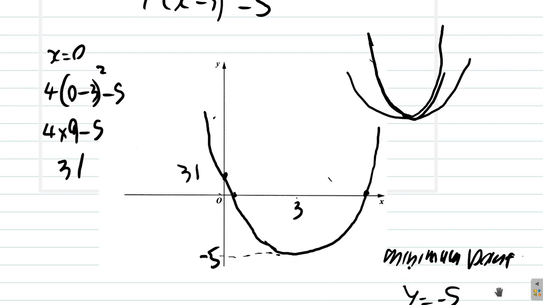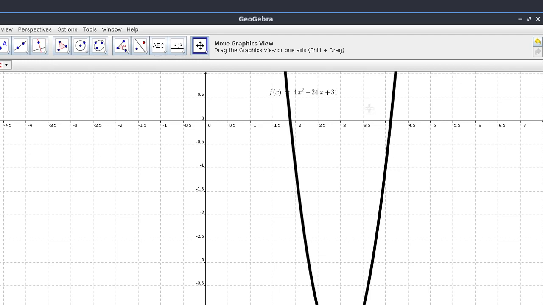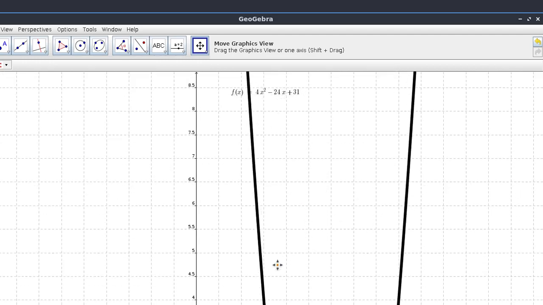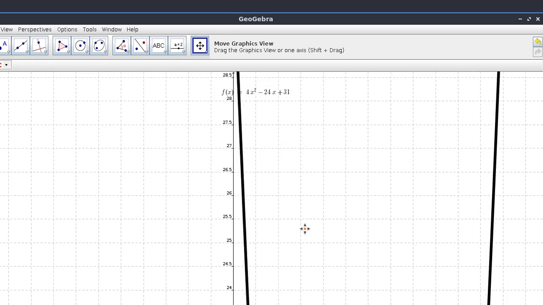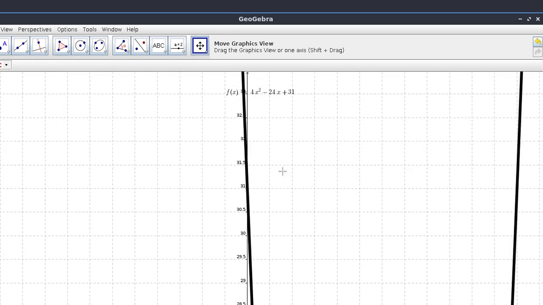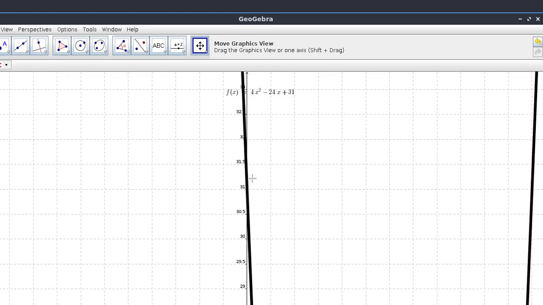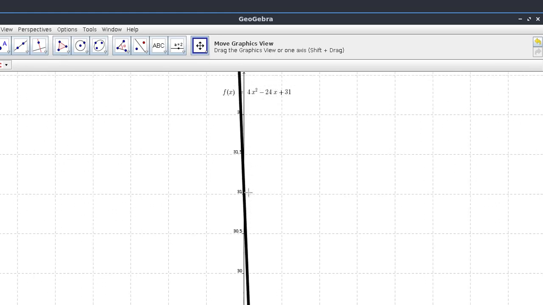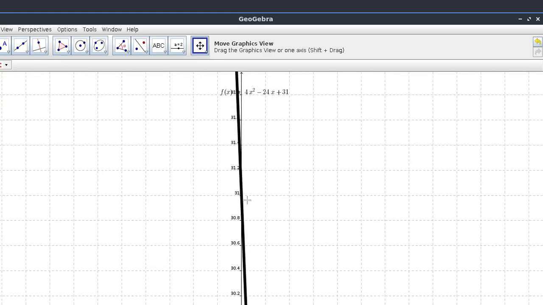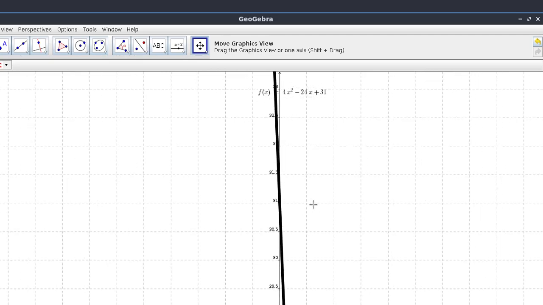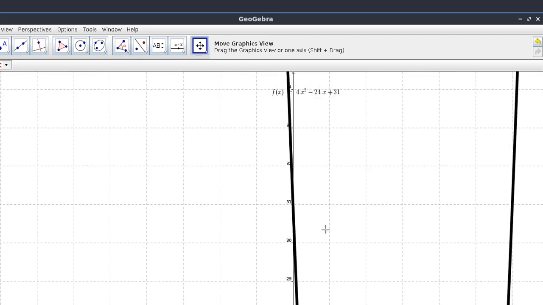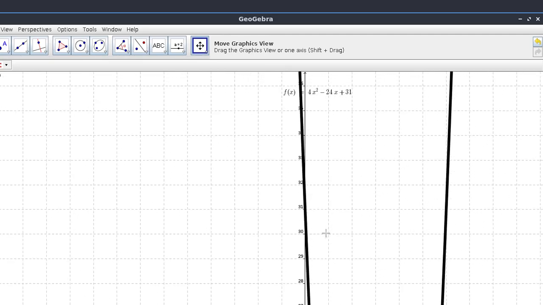What about the y-intercept? I said it was 31. We'd have to go all the way up here and see where the curve intersects the y-axis. Let's zoom in. We see 31 there. Aha, it is 31. So, you see that our graph was indeed the graph that we should have.